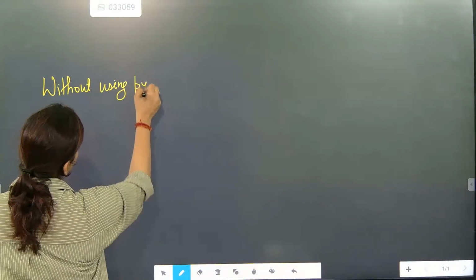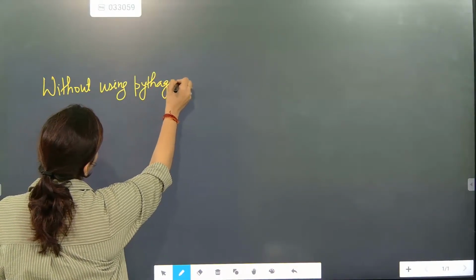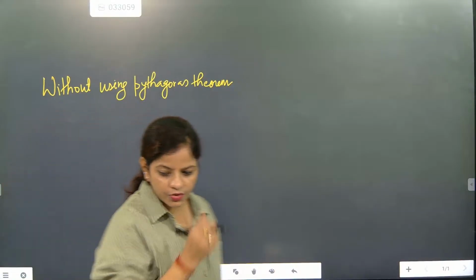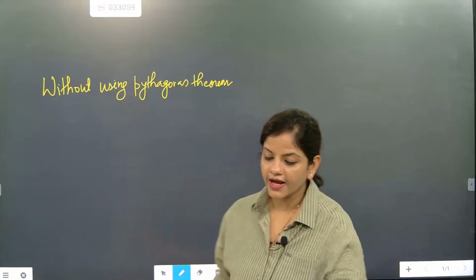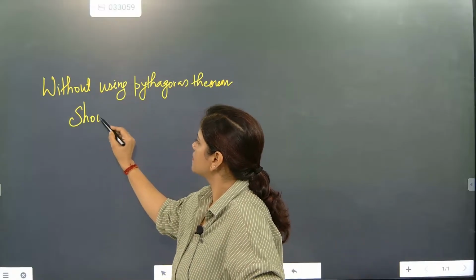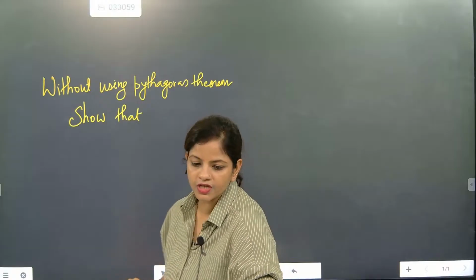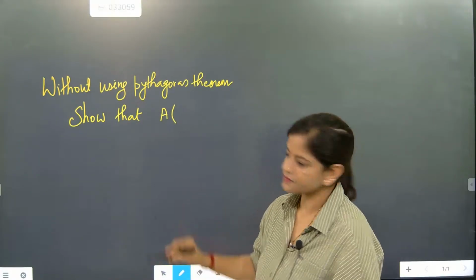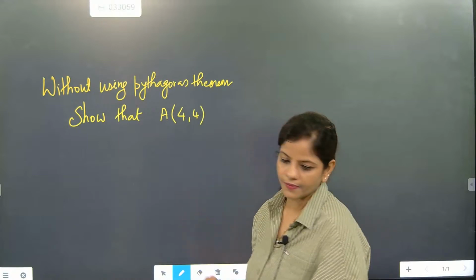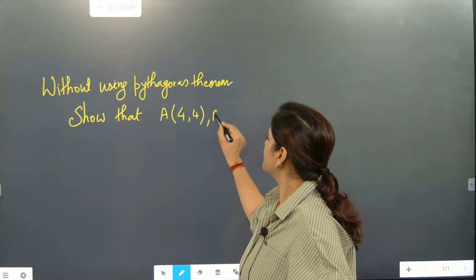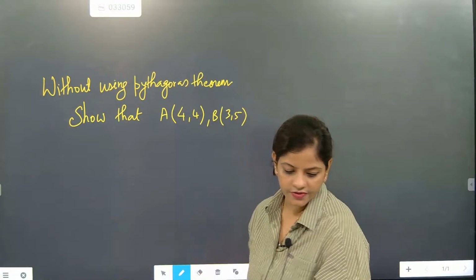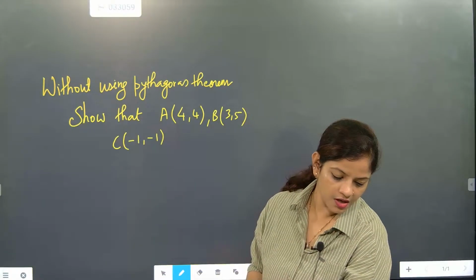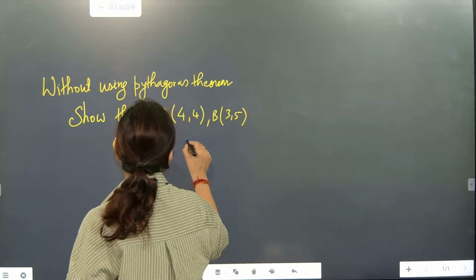Without using Pythagoras theorem, show that A (4, 4), B (3, 5), C (minus 1, minus 1) are the vertices of a right angle triangle.